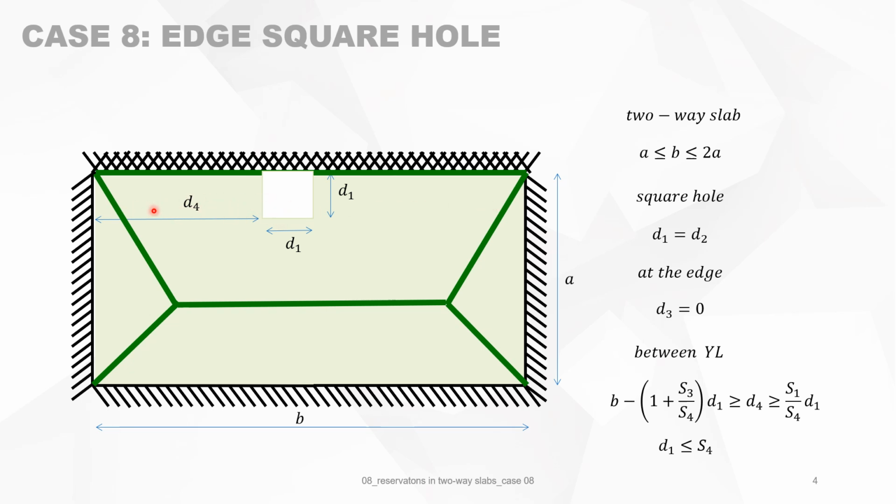That means that for D4 there's a limitation. It must be bigger, for not cutting this line, than S1 divided by S4, because this gives you the tangent of this corner. And D4 must be smaller in such a way that it's not cutting this yield line, so it must fulfill this condition.